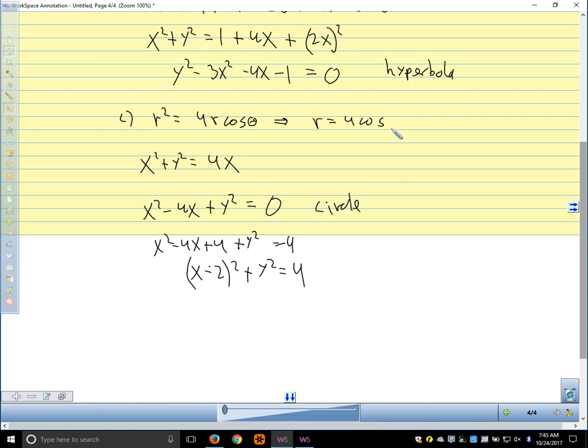Then it's easier to see, as we get more familiar with polar coordinates, that this is a circle of radius 2, shifted on the x-axis because of the cosine theta. Remember back in pre-calc, when polar equations just involve cosines, we had polar axis symmetry.